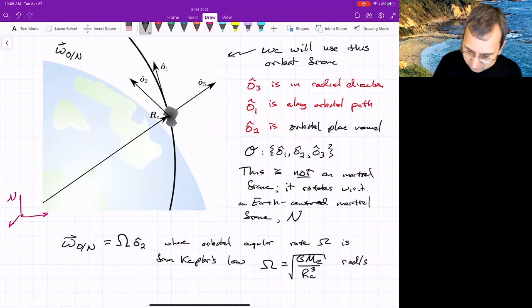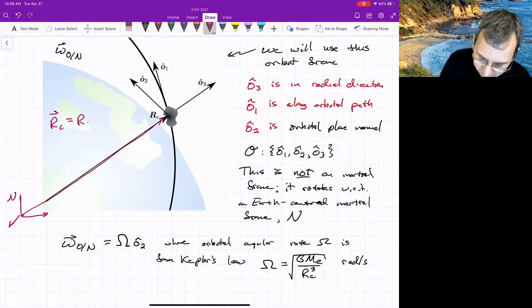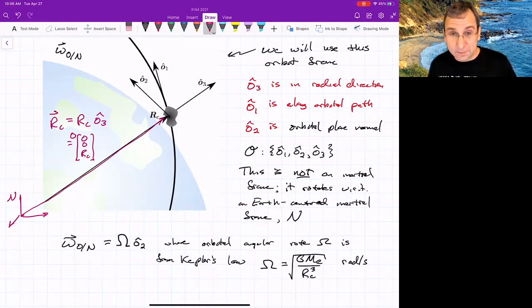And in this frame, another thing to note is, what is RC? RC is going to be little rc in the O3 direction. Or if you want, if we write it as a column vector, 0, 0, RC. Now, typically, rigid body dynamics that we've done are written in the body frame, B. So we could write the center of mass position vector in the body frame as well if we wanted to.